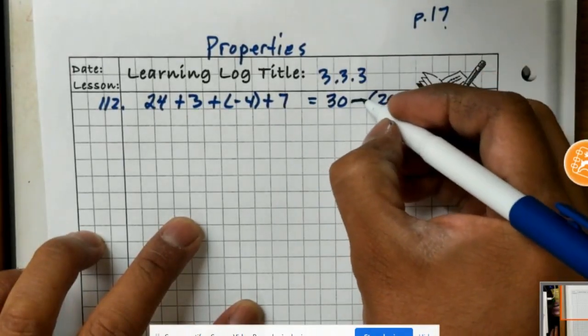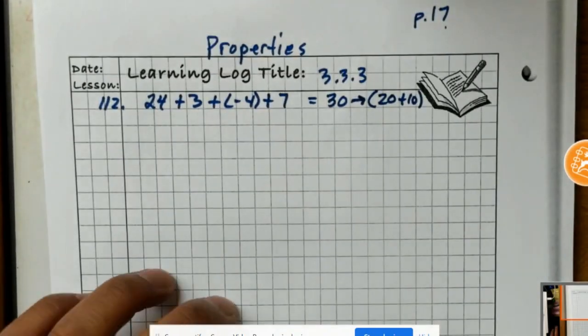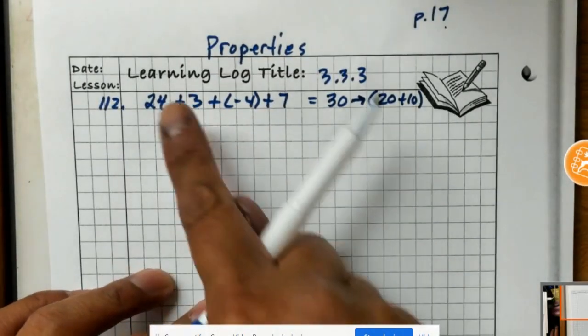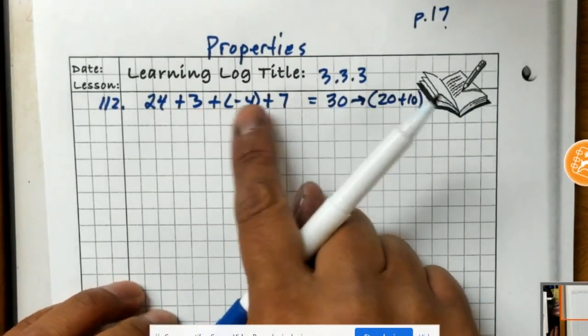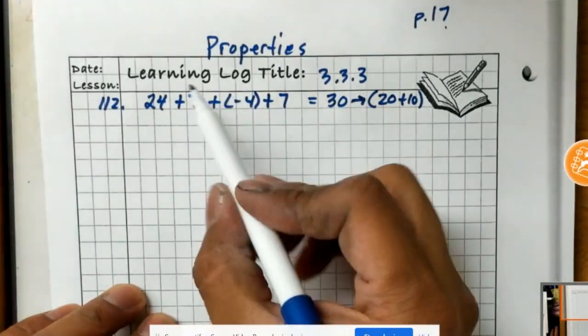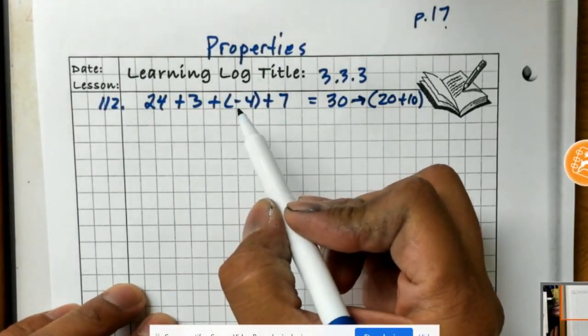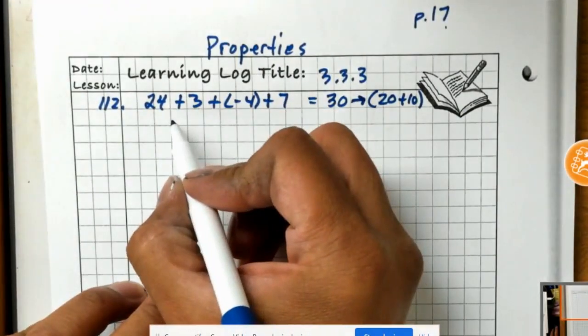So the question is, do you see it? So when you're looking at the numbers, how they're all being added together, we know that we can add them in any order. So I can take the 24 and the -4, and those together make 20.